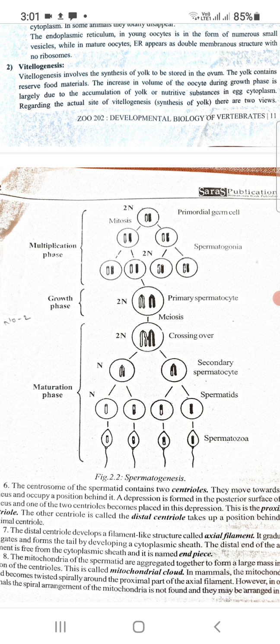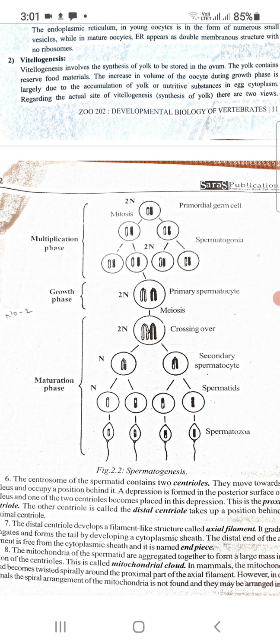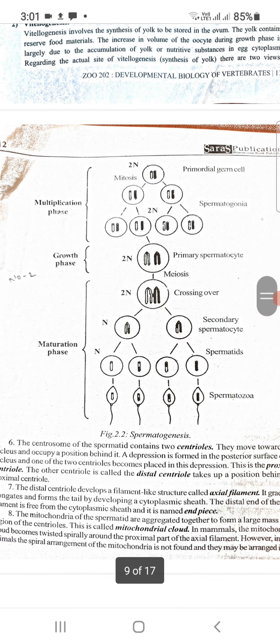In meiosis, crossing over of chromosomes takes place, and the 2n chromosomes are divided into the single n number of chromosomes in the secondary spermatocyte.